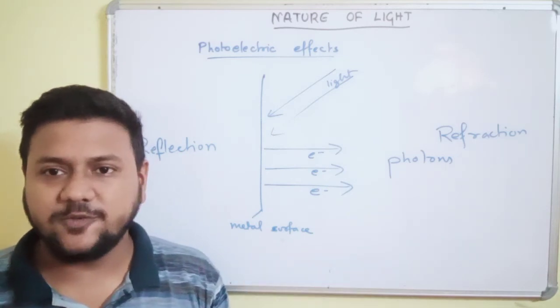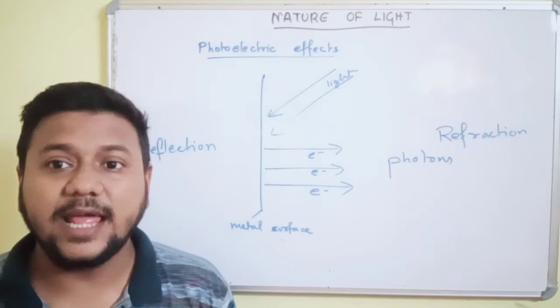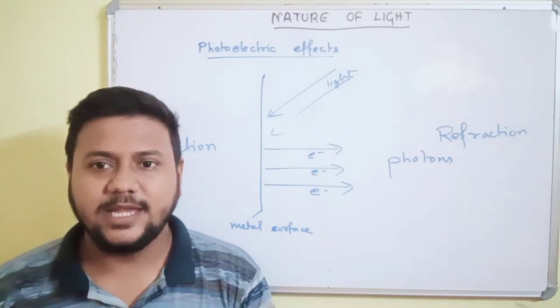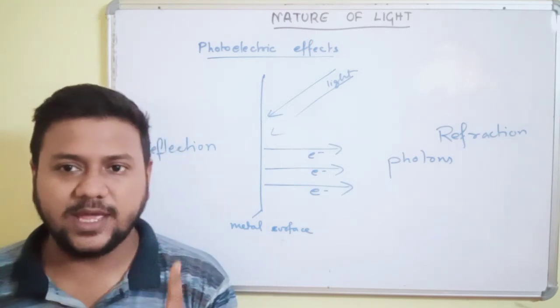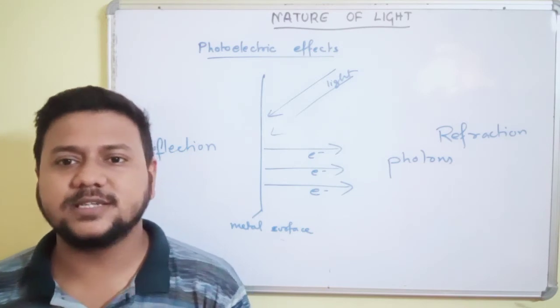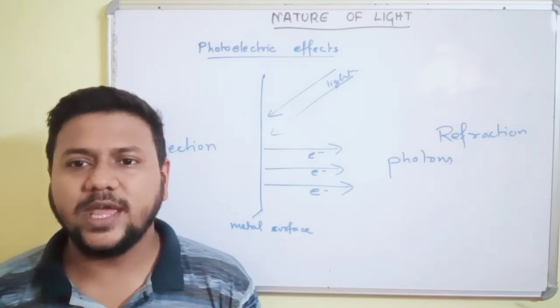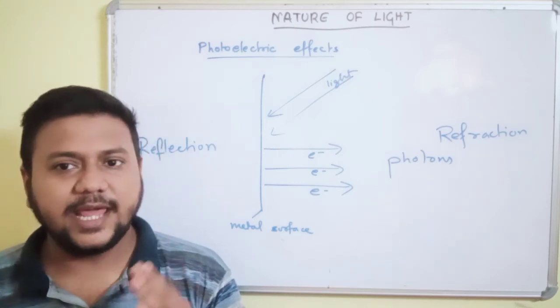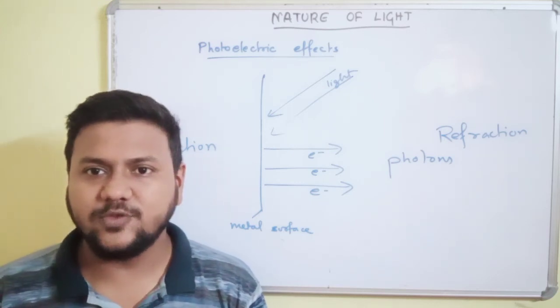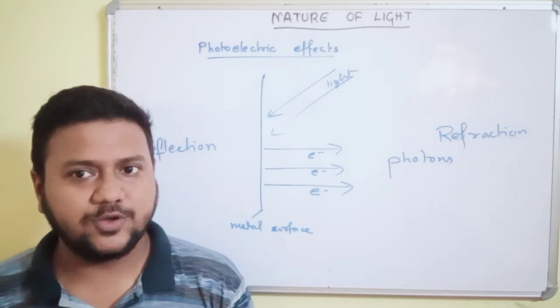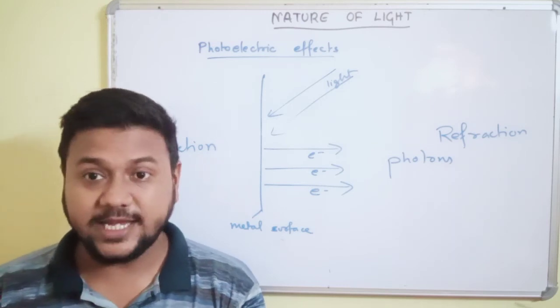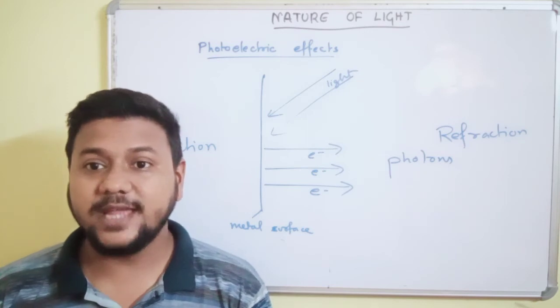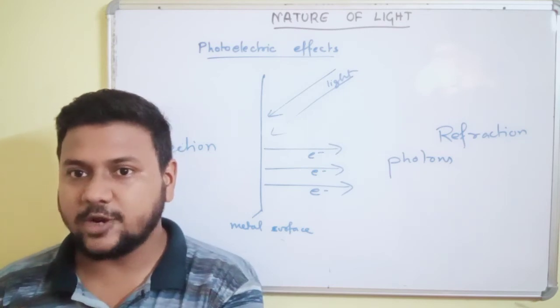So in this video we have just learned that light has a dual nature. It behaves both as a wave and as a particle. When we discuss light as a wave, the wave of light is an electromagnetic radiation where light has electric and magnetic fields which are perpendicular to each other. Moreover, visible light has a wavelength of 380 nanometers to 750 nanometers.